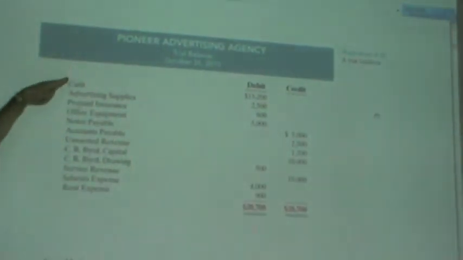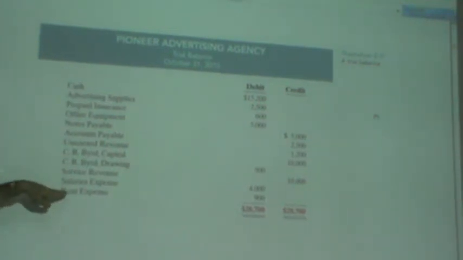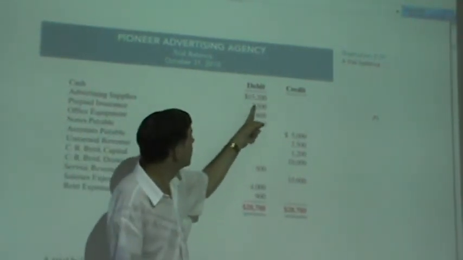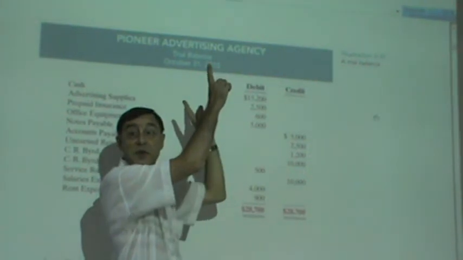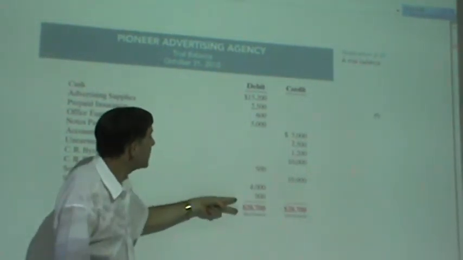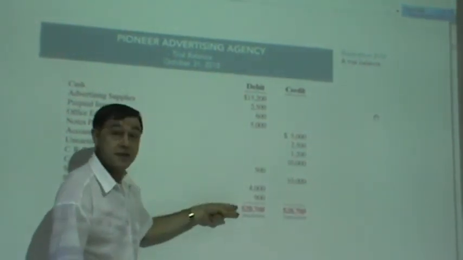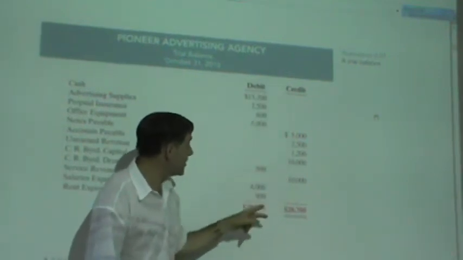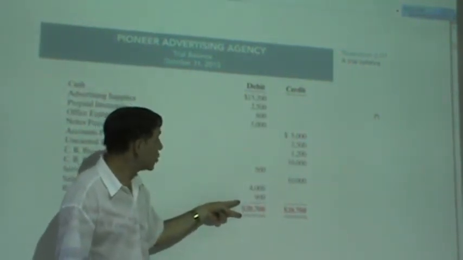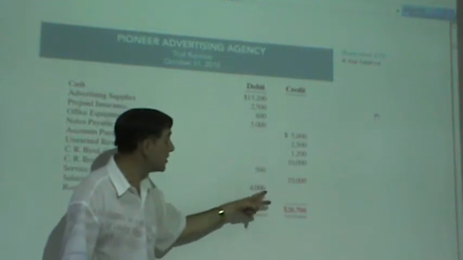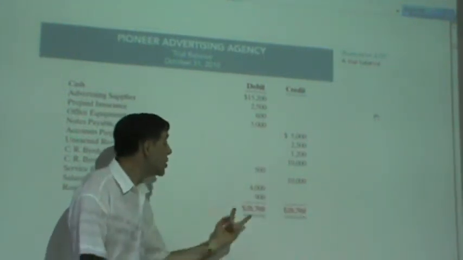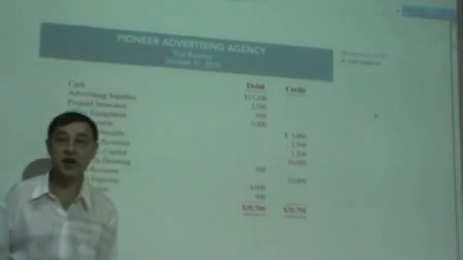So you take all the accounts, and for each one you write debit, debit, debit, whatever the balance is from the ledger. And then you add up the debits, you add up the credits, and the total number, 28,700, 28,700. You compare the debit and the credit.